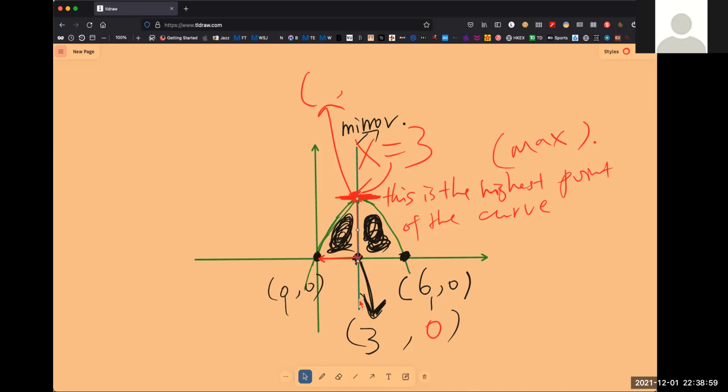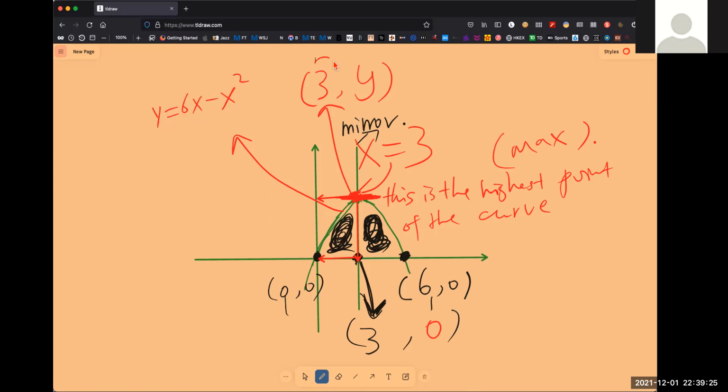This point is 3, right? And if you go to the right, what is this value? I don't know, because there is no labeling here. So I write down y first. But you know that this curve is actually y equals to 6x minus x squared.